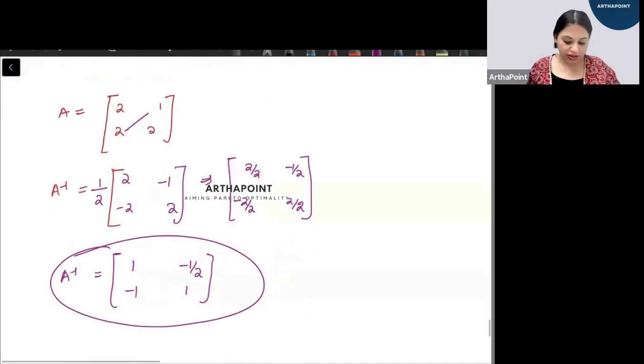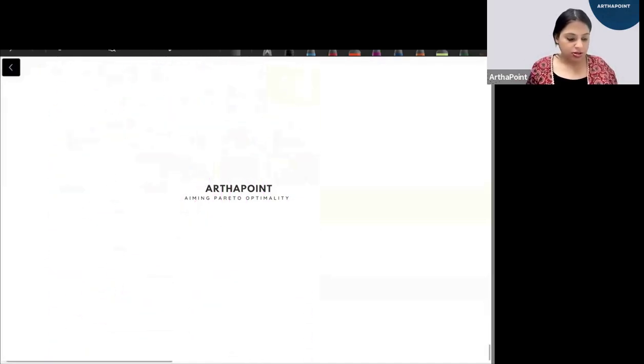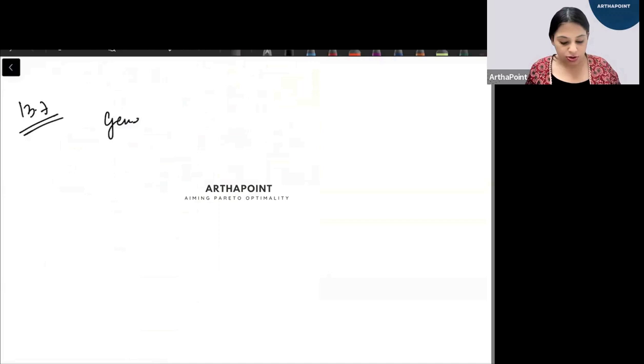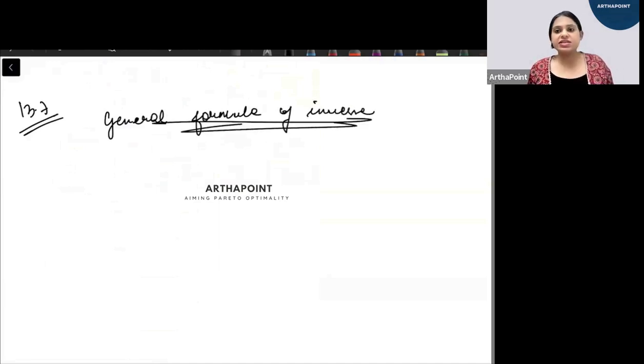Let us now go ahead and talk about the section 13.7. And this talks about the general formula of inverse. I've already done this general formula of inverse in the last class itself. There is nothing new I can add.